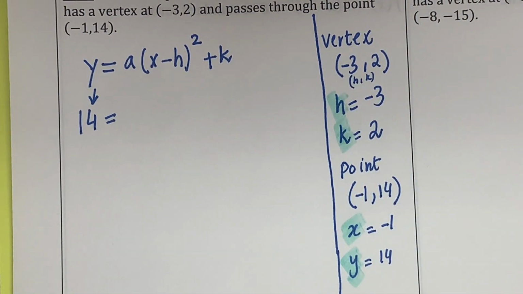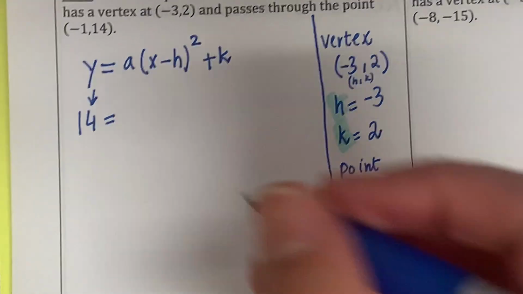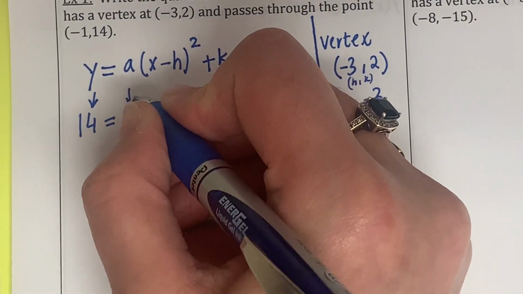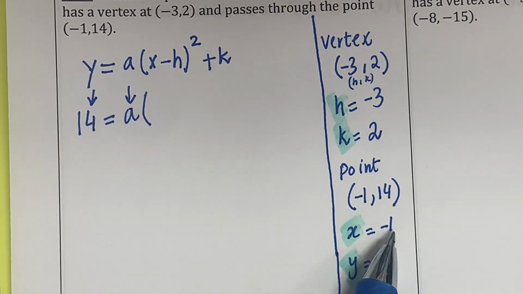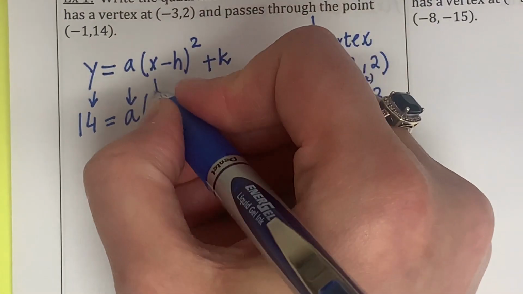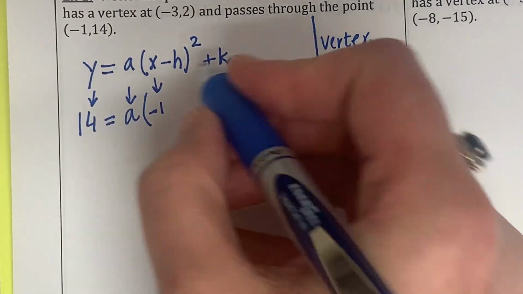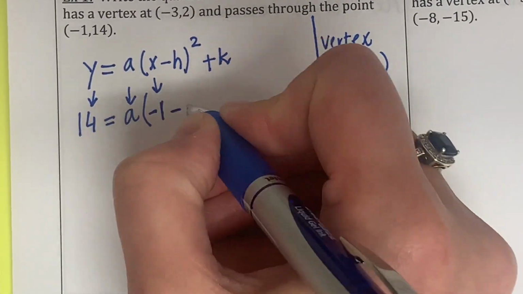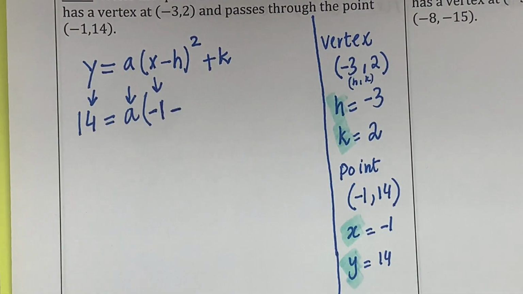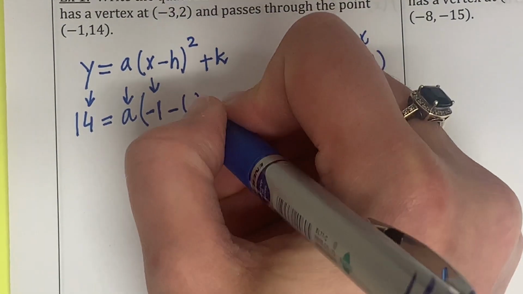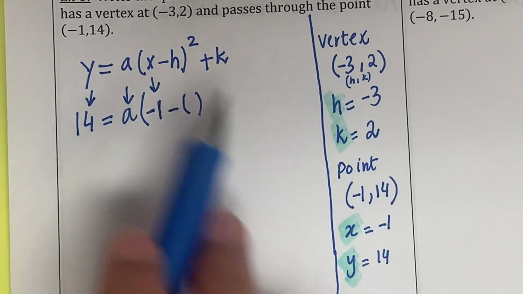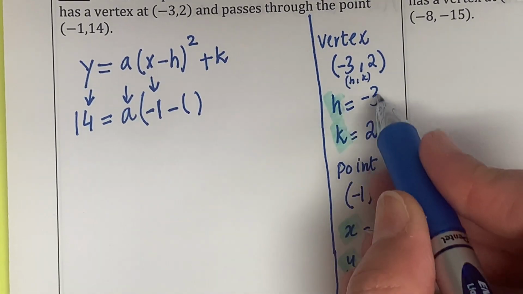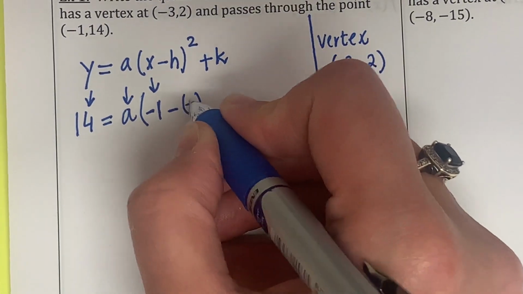So you're just gonna copy down the a because you do not know what a is. In x, plug in -1. This minus is from the formula, so you put that minus down. And then h, since there was a minus, I'm gonna put the h value, which is -3, inside parentheses.